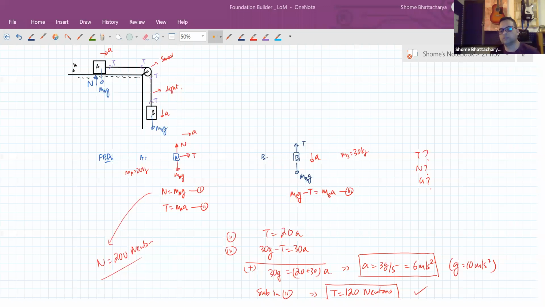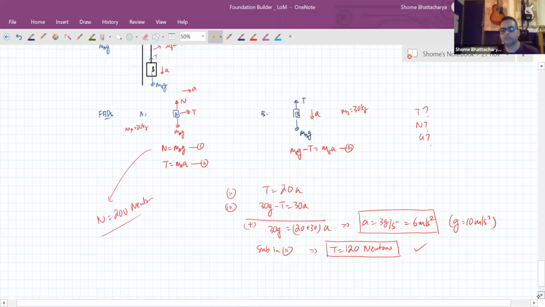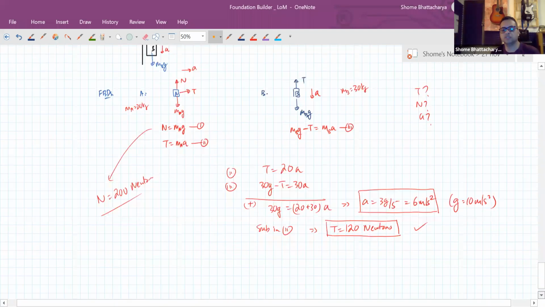Okay, so let's look at one more question involving a single pulley system.